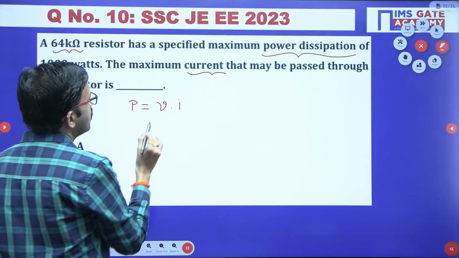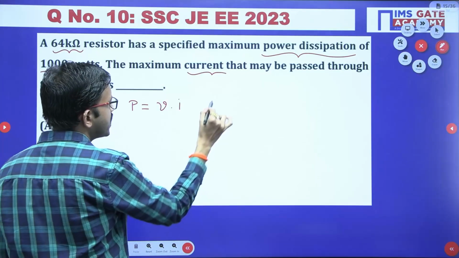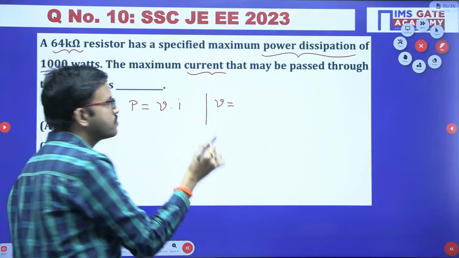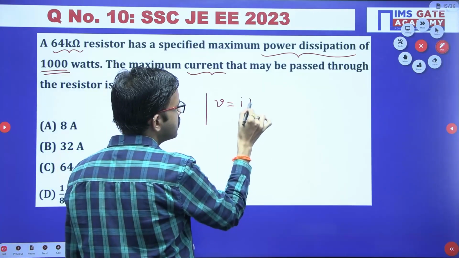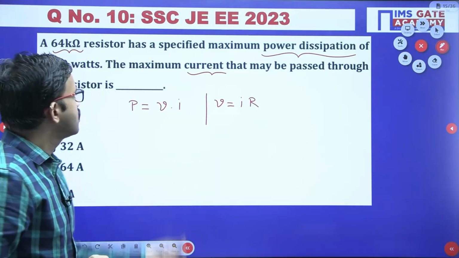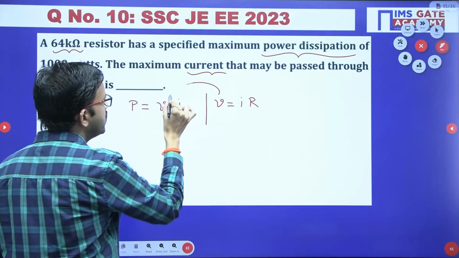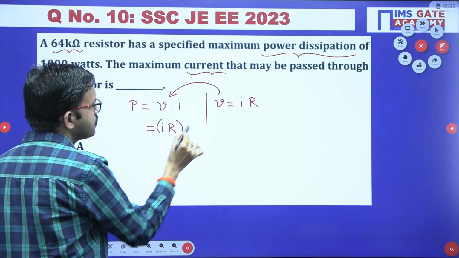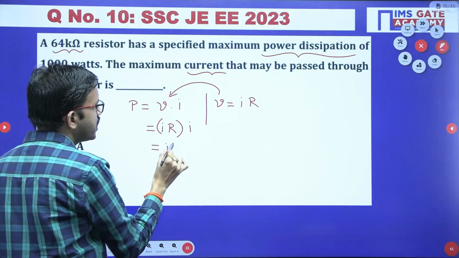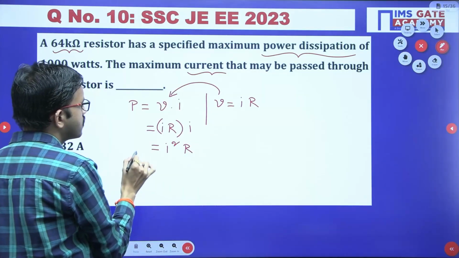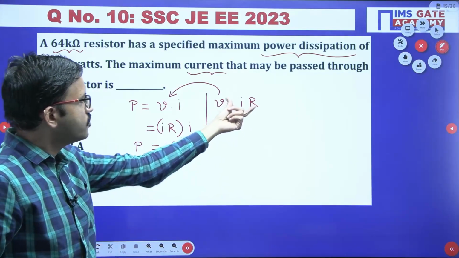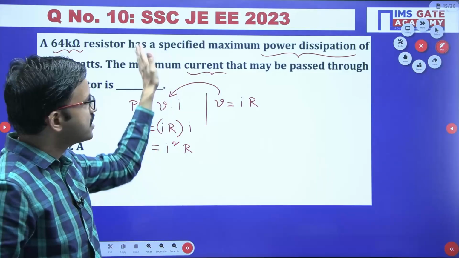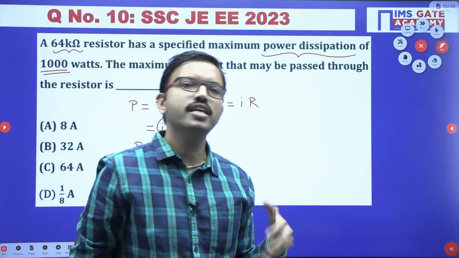Considering the basic formula from Ohm's law, V equal to I into R, if in place of V you substitute IR, you get IR into I, which is I square R. Similarly, in place of I, if you write V by R, you get V square by R. Like that, based on the given information, you can use any formula.